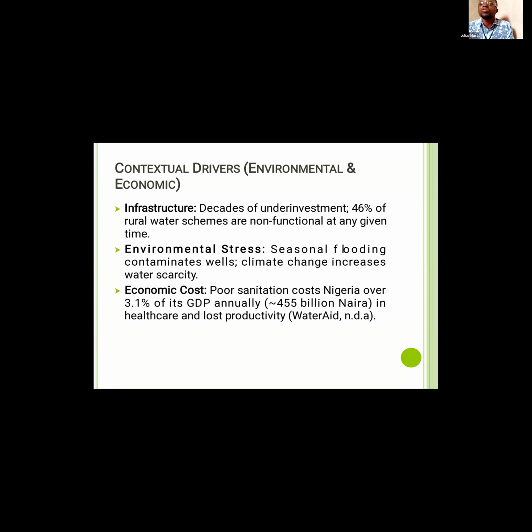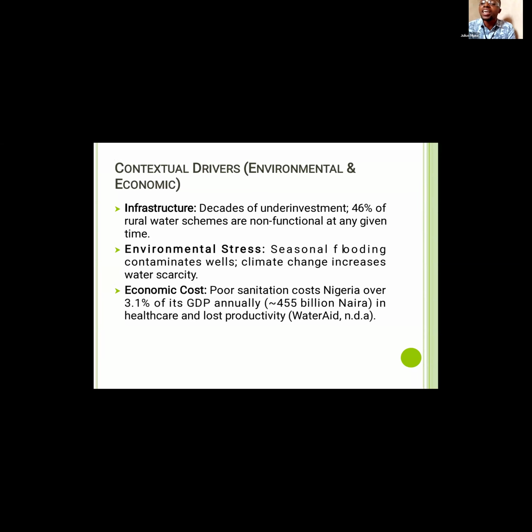Now we look at the contextual drivers. We're talking about environmental and economic drivers, and the driver, as brought forth here by the group, is infrastructure. Of course, we've been talking about infrastructure right from the beginning of these lectures with several teachers. There is a decade of underinvestment, with 46% of rural water schemes non-functional at any given time.